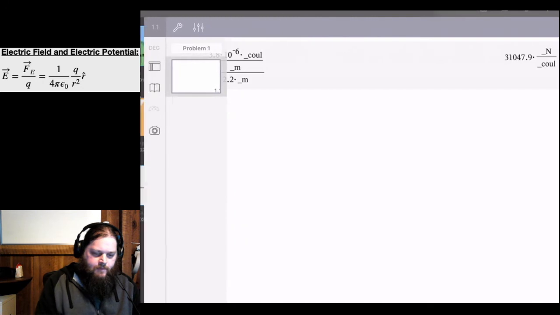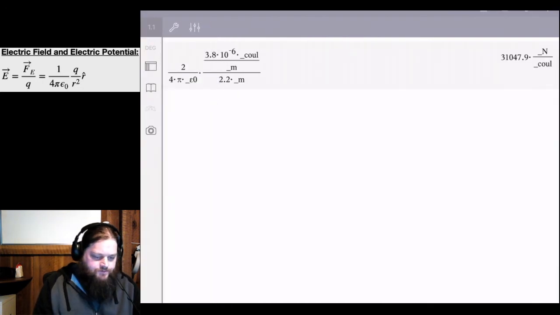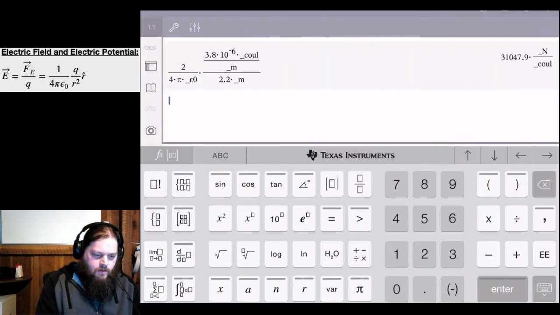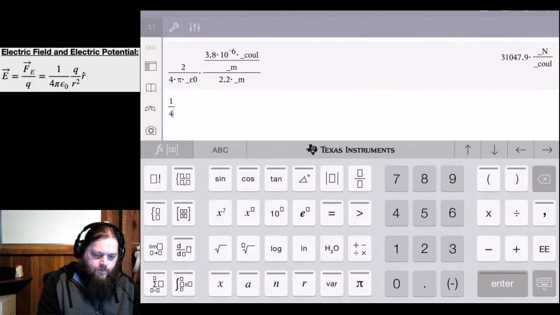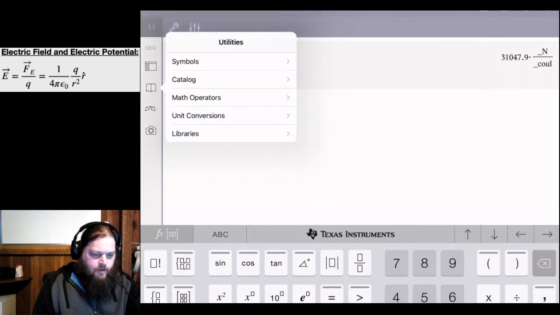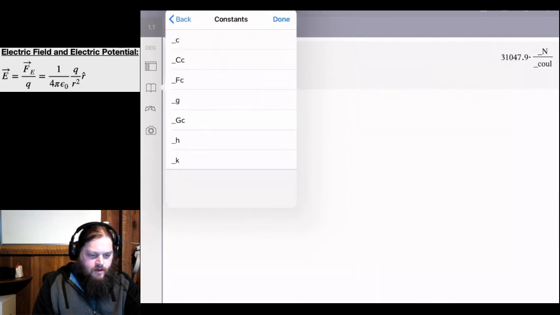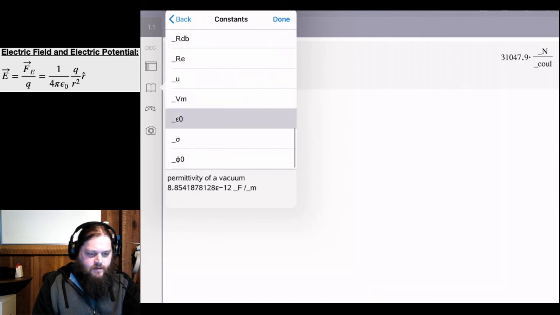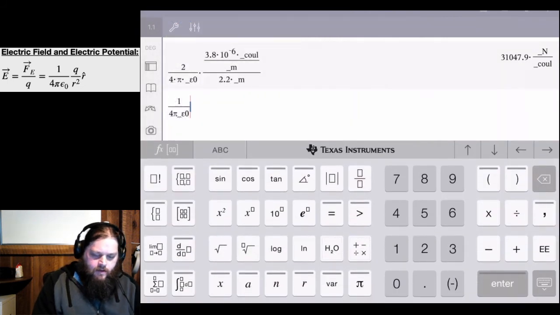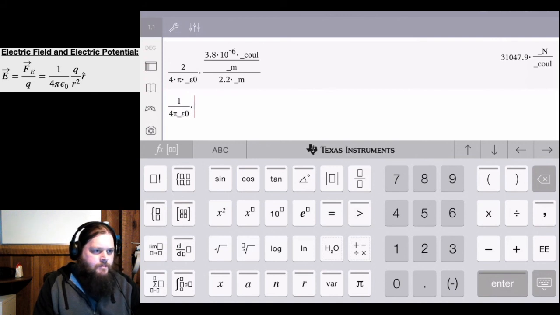Going back. So I can say 1 over 4 pi, pull up my lovely constants, epsilon naught, there it is, times parentheses 3.2 times 10 to the power of negative 19.